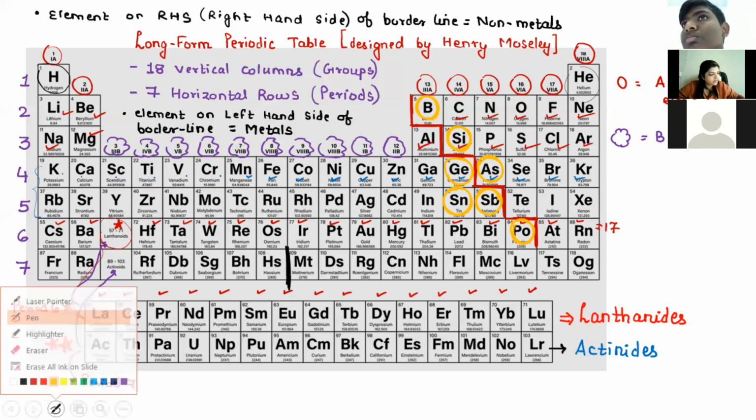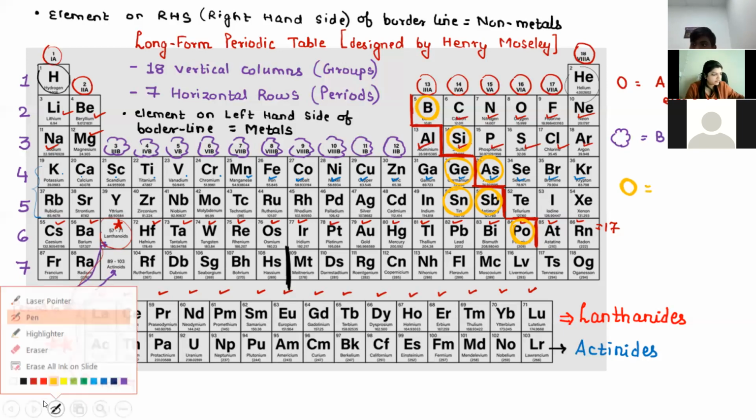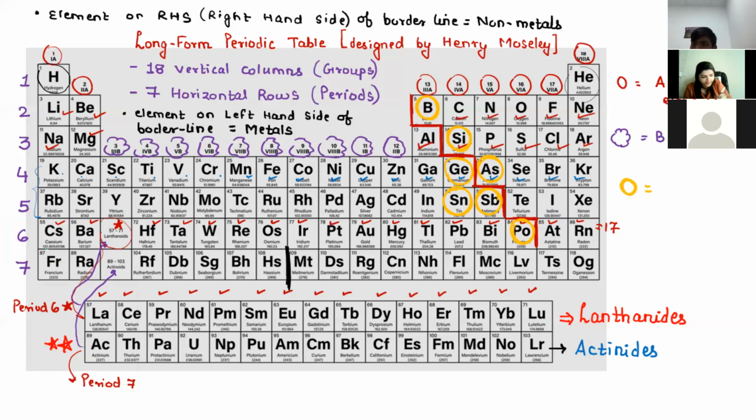So metalloids are those elements which have both the properties of metals and non-metals. So these are called metalloids. They are just at the border of the border line.